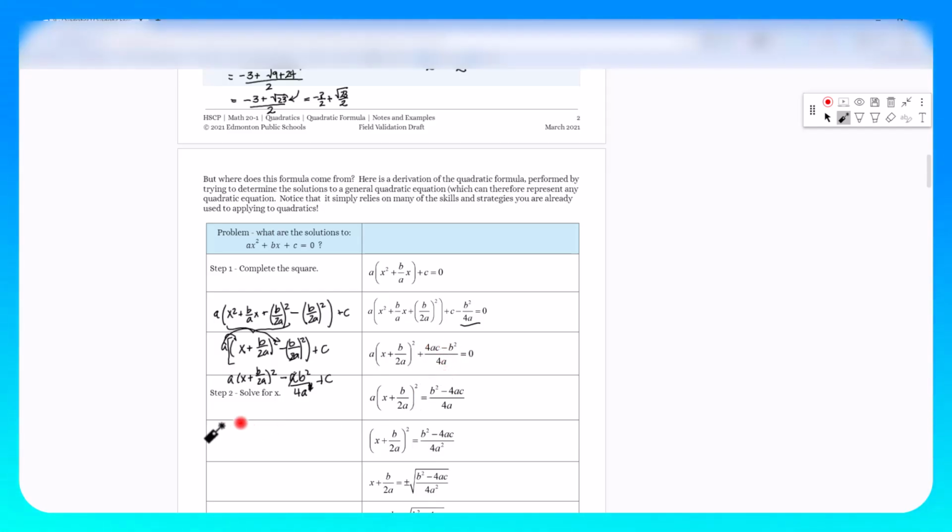Now we're starting to solve for x, meaning we're isolating x. We get this term over to the other side and switch the signs, because when we bring it over it would be minus 4ac minus b squared over 4a. So this negative gets applied here and here. Now the b is positive, so we put that out front.